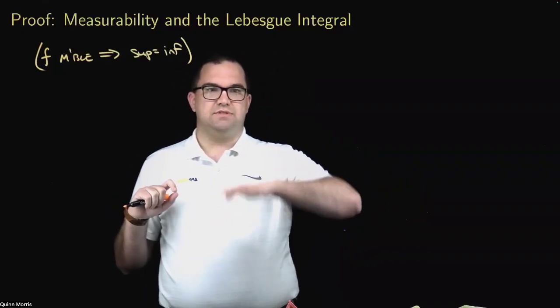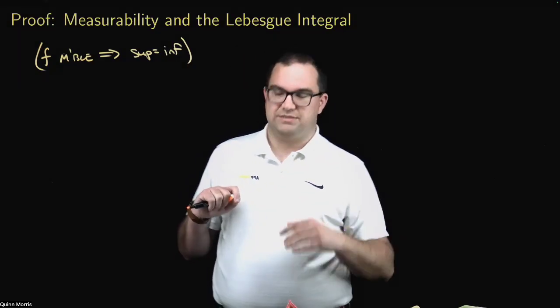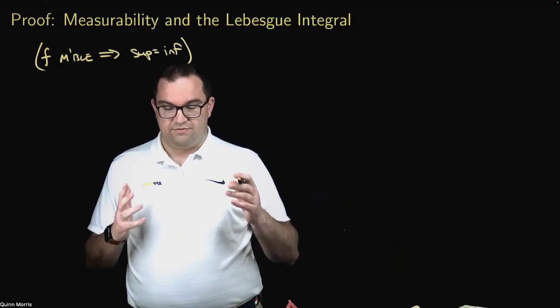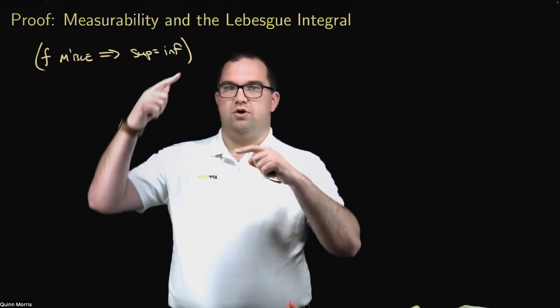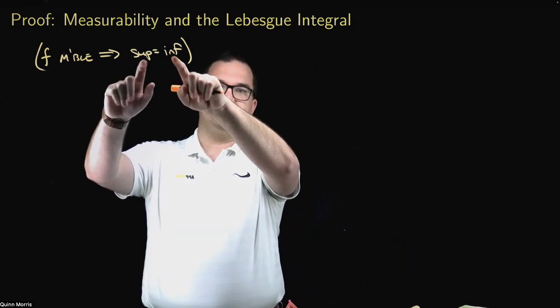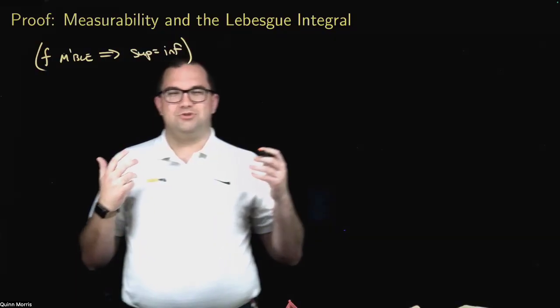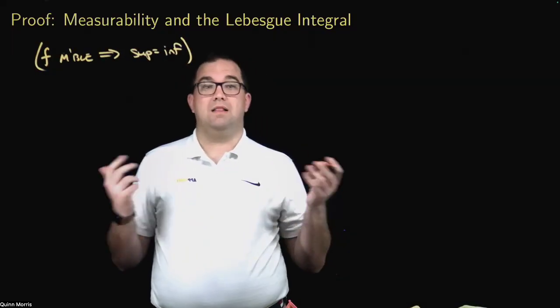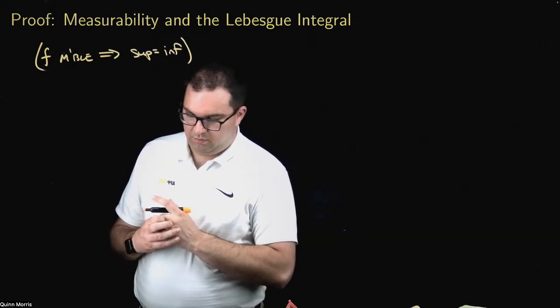And we're going to construct a sequence of functions phi n, each of which lives below f, but is converging pointwise to f almost everywhere. Then we're going to show that since those are getting close to each other, the infs and the sups have to be getting close to each other. That's the plan. But we are going to construct these functions in a way that symbolically is going to look strange. I'll try to draw some pictures to help you understand what we're doing.